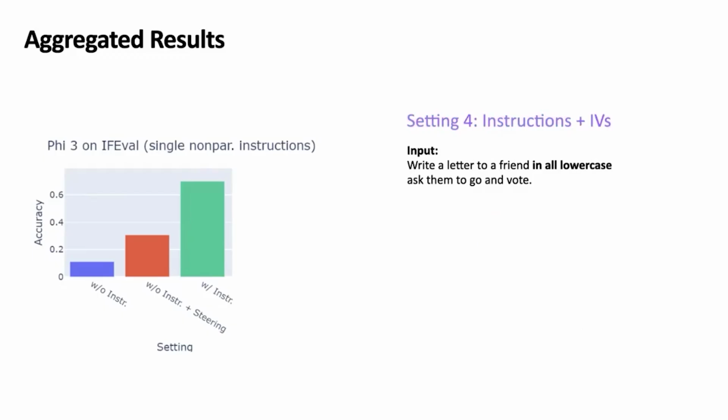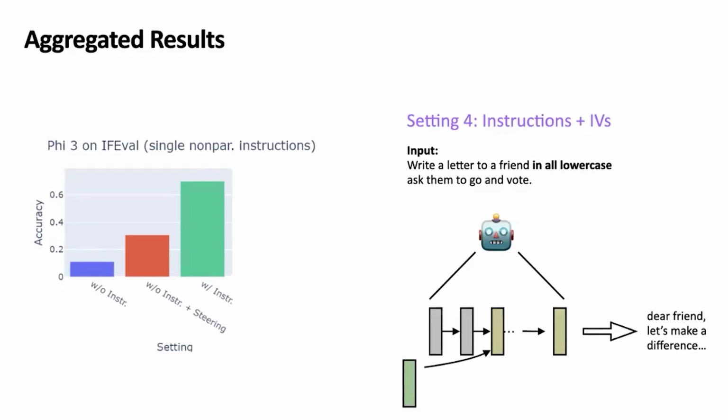And again, we perform the same procedure. So same input, query plus instruction, plus steering for the instruction specified in the input. And in this case, interestingly, we see again an increase in the instruction following accuracy. What this is telling us is that there are cases in which the model, which for these specific numbers is Phi-3, does not follow the instruction, even though it is asked to.